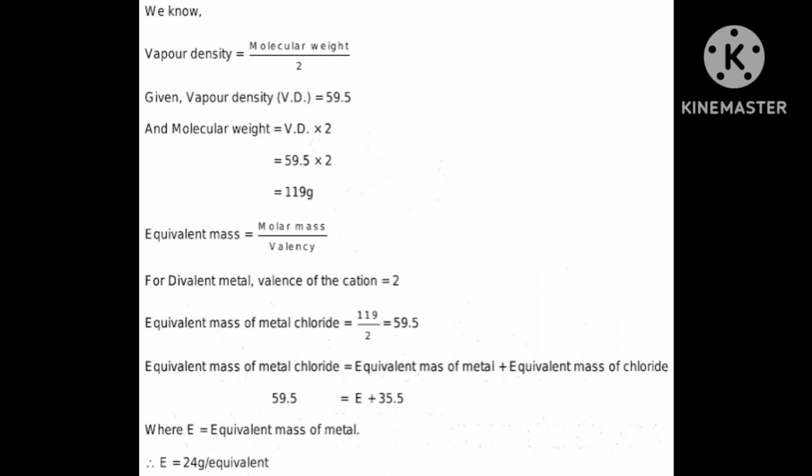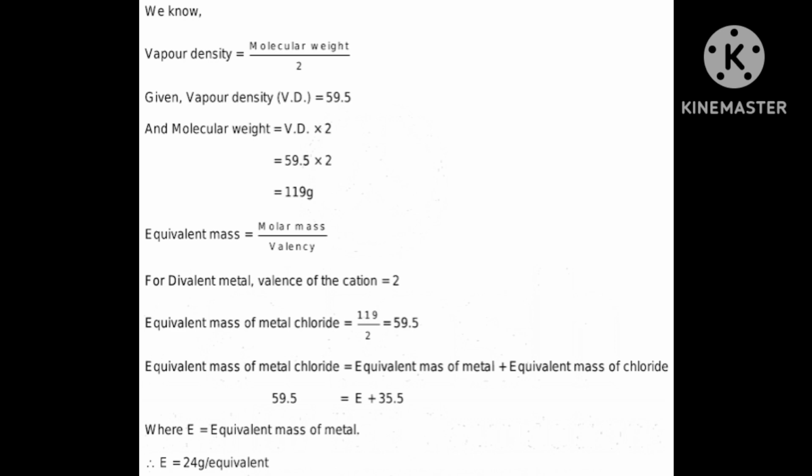Now the second method is Dulong and Petit's method. According to Dulong and Petit's law, for solid elements except beryllium, boron, carbon and silicon, atomic weight into specific heat is equal to 6.4 approximately.